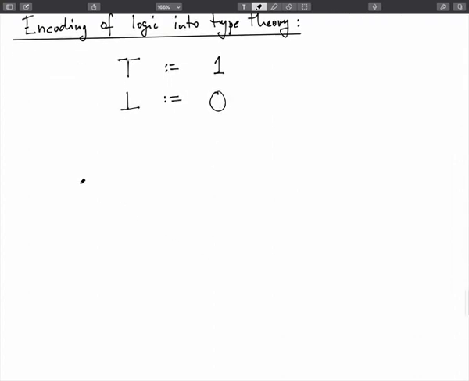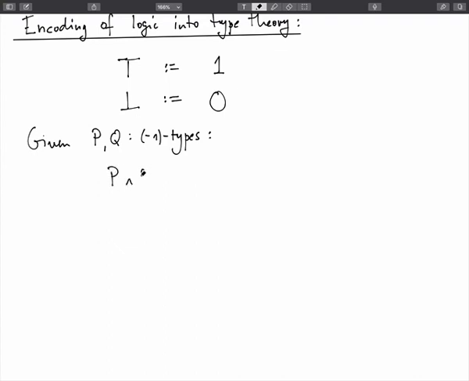And now, given P and Q, which are propositions, so they need to be -1 types, how do I get the corresponding logical connectives? So now you need to actually prove that these constructions will give me -1 types.